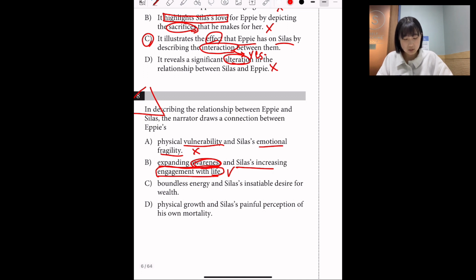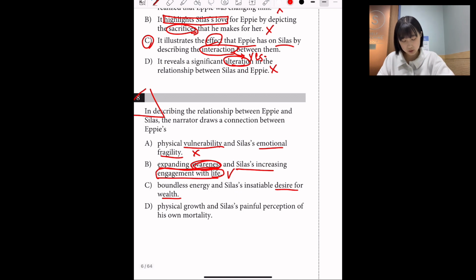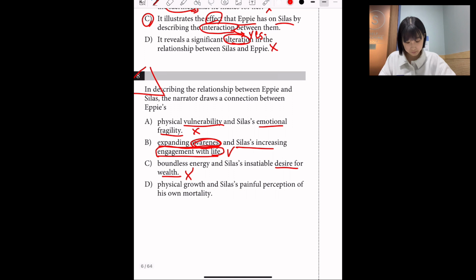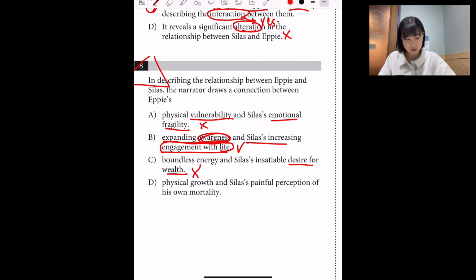Boundless energy and Silas's insatiable desire for wealth. Well, it doesn't exactly talk about wealth, it talks about how he changed from a person with an insatiable desire for wealth. So this isn't going to be a good choice again. And D, physical growth and Silas's painful perception of his own mortality.